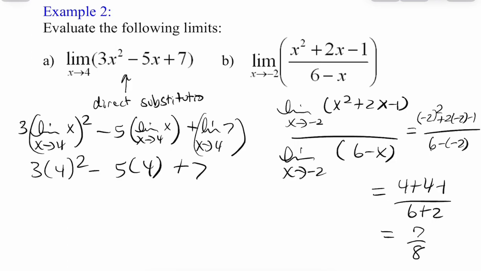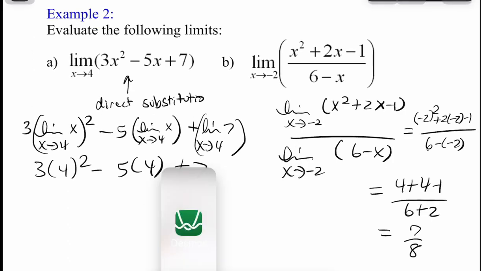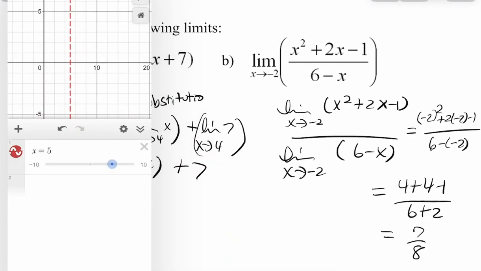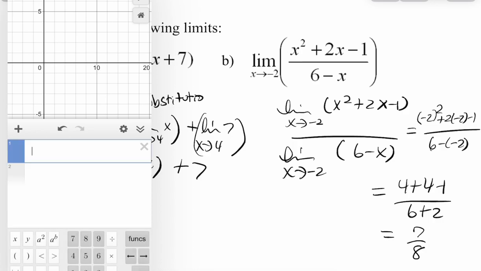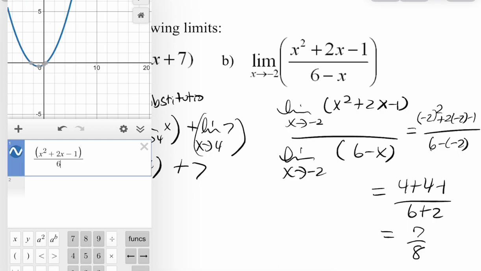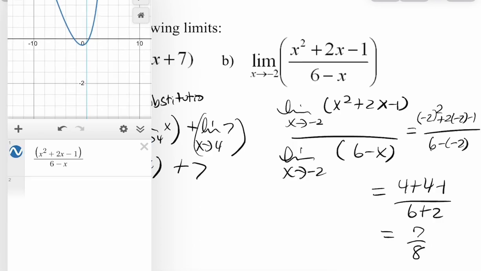So if you were to go into the graph, think about that graph. If you pulled it up into Desmos, the only value that is excluded is 6. If you plugged in 6, or if you scrolled across 6 on our graph, so let me show you 6 here.